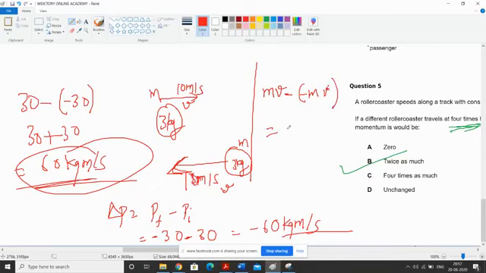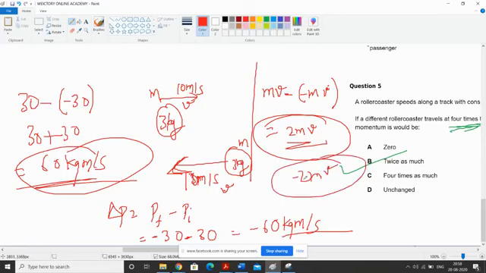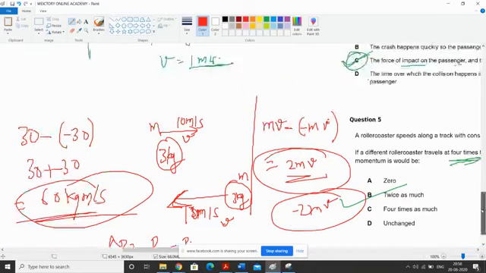So you will get mv minus minus mv, which gives 2mv. That's the important thing. Even if you write minus 2mv, that's also right. Do not write 0. It's either 2mv or minus 2mv. I hope the concept is clear to you.